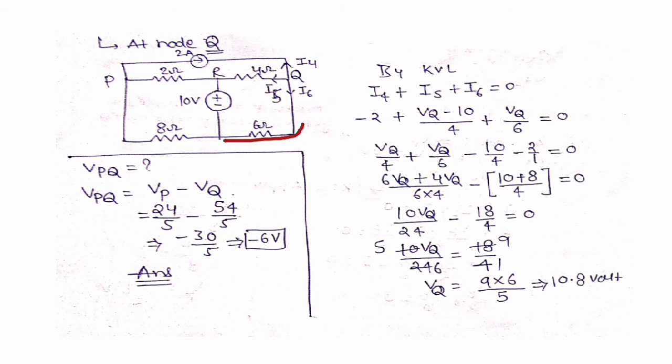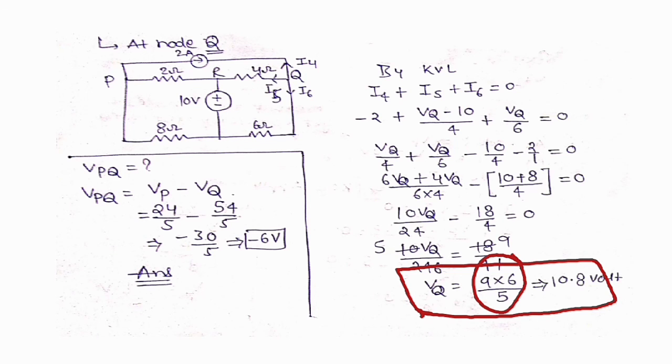Here there is a 0 volt, so VQ minus 0 divided by 6, that is VQ by 6. Setting the sum equal to 0 and calculating, we get the value of VQ, that is 54 divided by 5, or 10.8 volt.